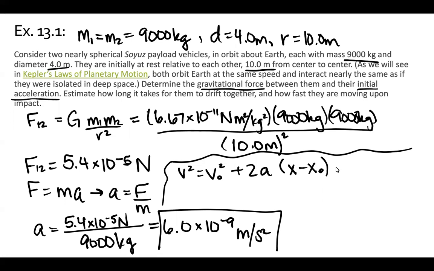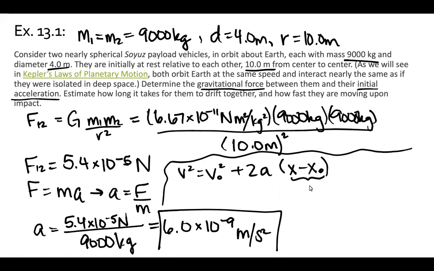Now, for them to drift together, we have the distance between each of their centers of mass. So we want to know what is the distance for them to drift together, that displacement.